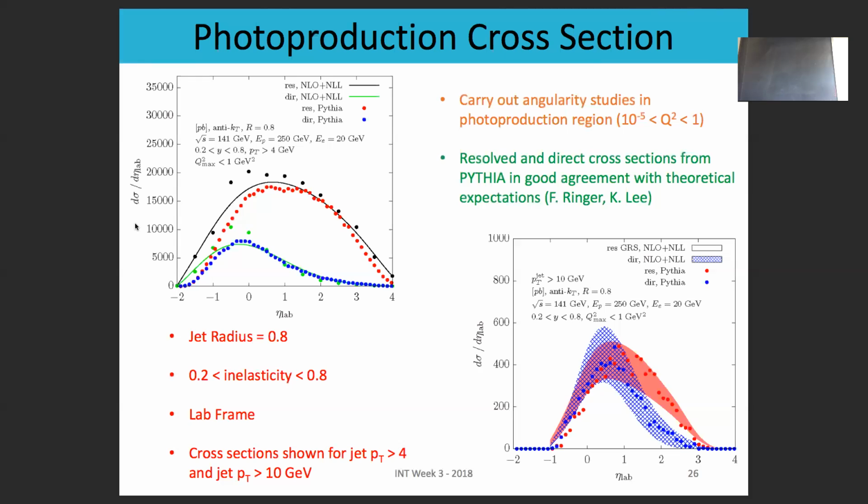Is that plot completely isolating the current fragmentation type of process, or is everything included?